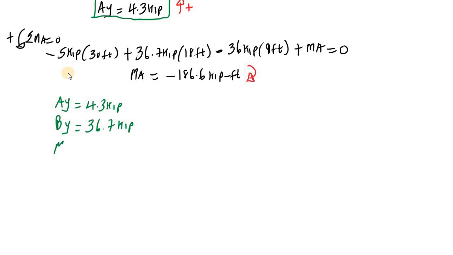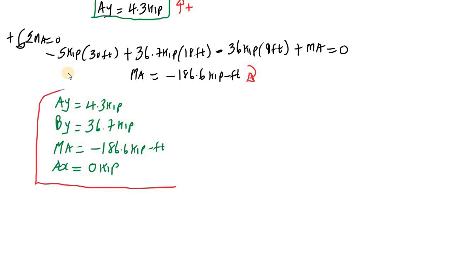Then the moment MA equals negative 186.6 kip feet, and we know that AX, the horizontal reaction, equals 0 because we don't have any horizontal force on the beam, so this equals 0 kip. So these are the support reactions on this beam, and this is how we can calculate the support reactions on a statically indeterminate beam using the method of superposition.